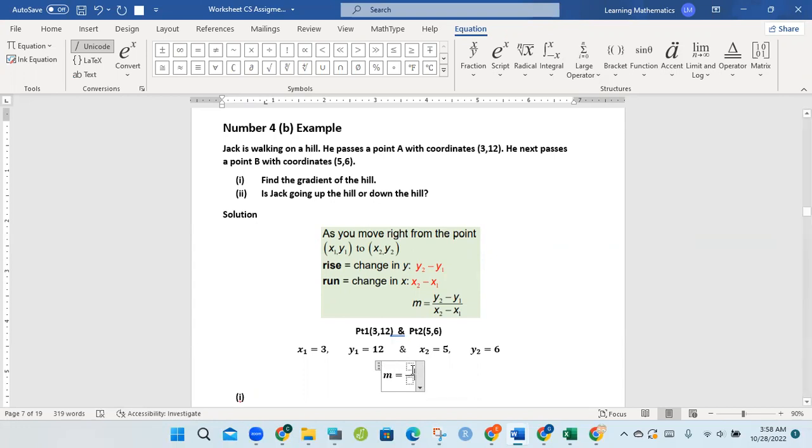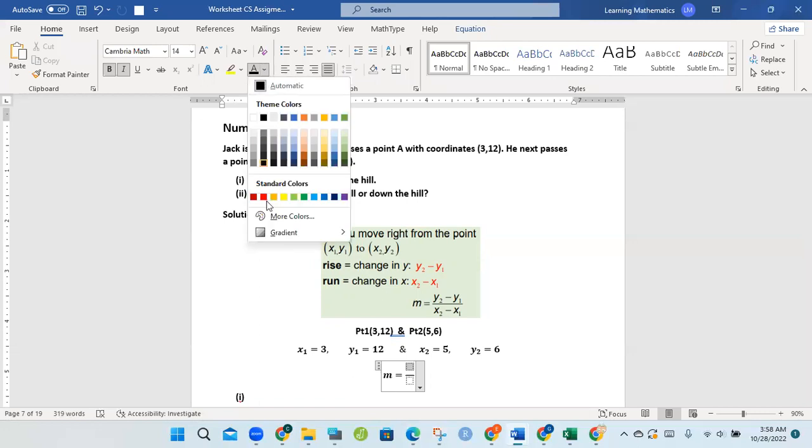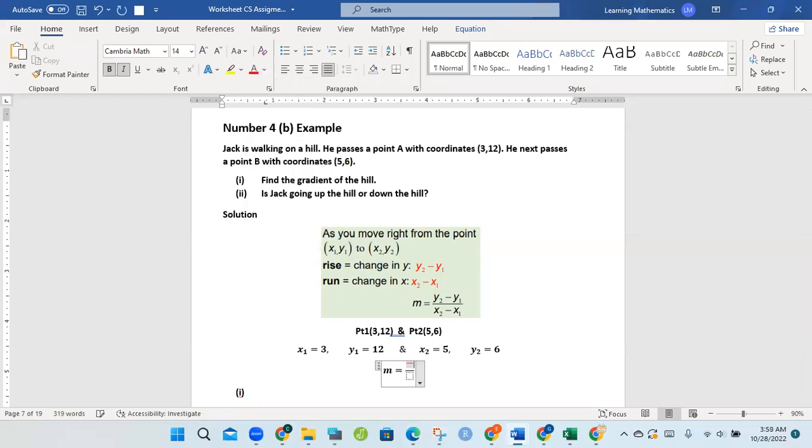The gradient formula comes with a subtraction sign already: y2 minus y1 over x2 minus x1. Please take note of that. Let's substitute now, so that even if your coordinates have a negative number, you can manage it properly.